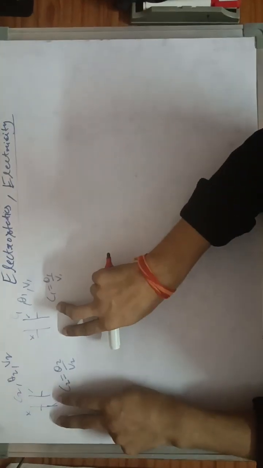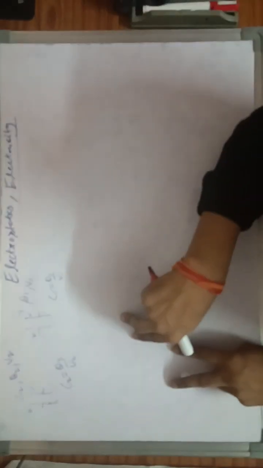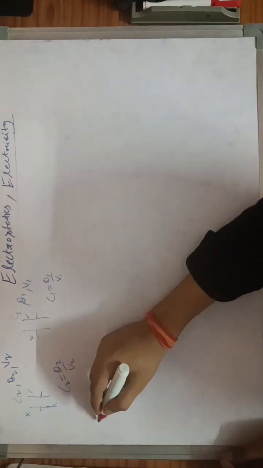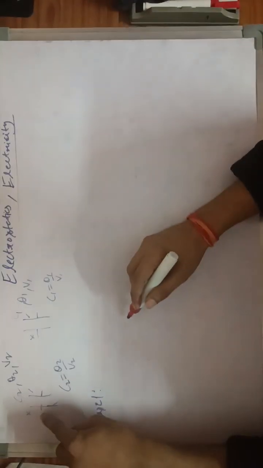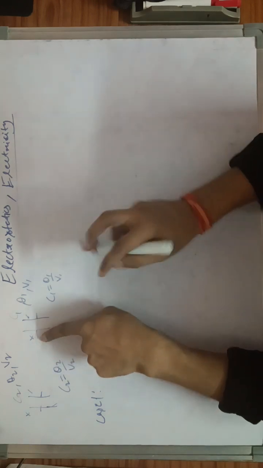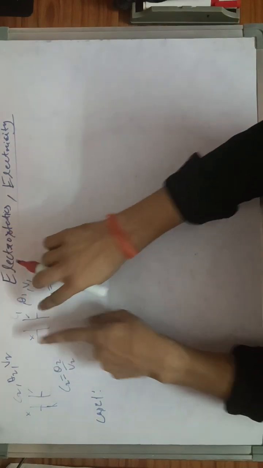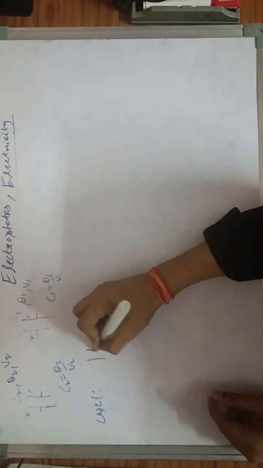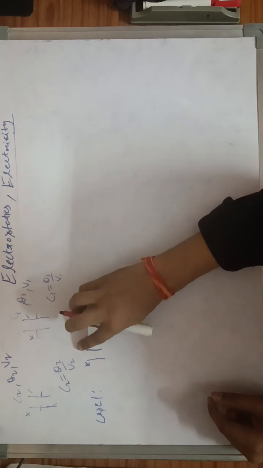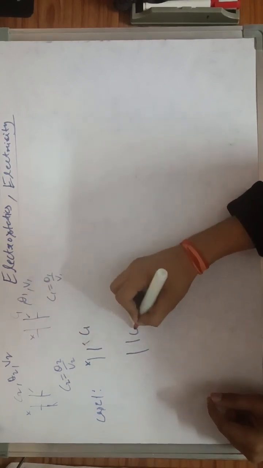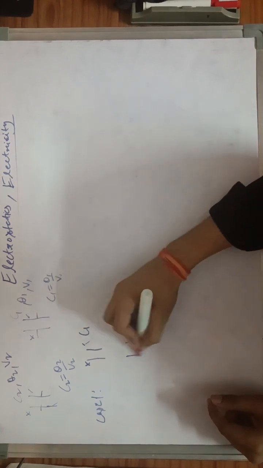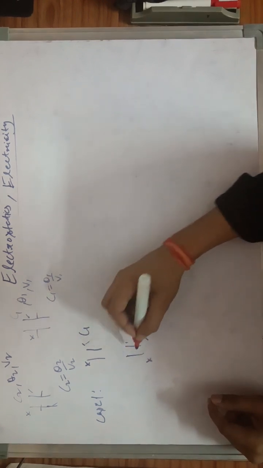Now if I take these two capacitors and join them in parallel, there are two ways to join them. Case one is if I join this positive end with this positive end and this negative end with this negative end. This is the positive side of C1, this is its negative side, and this is C2, again with a positive side and a negative side.